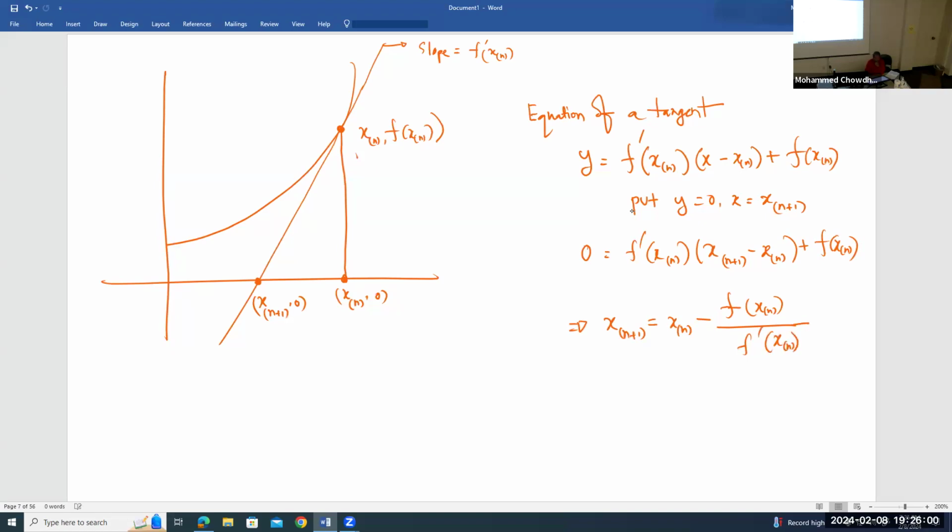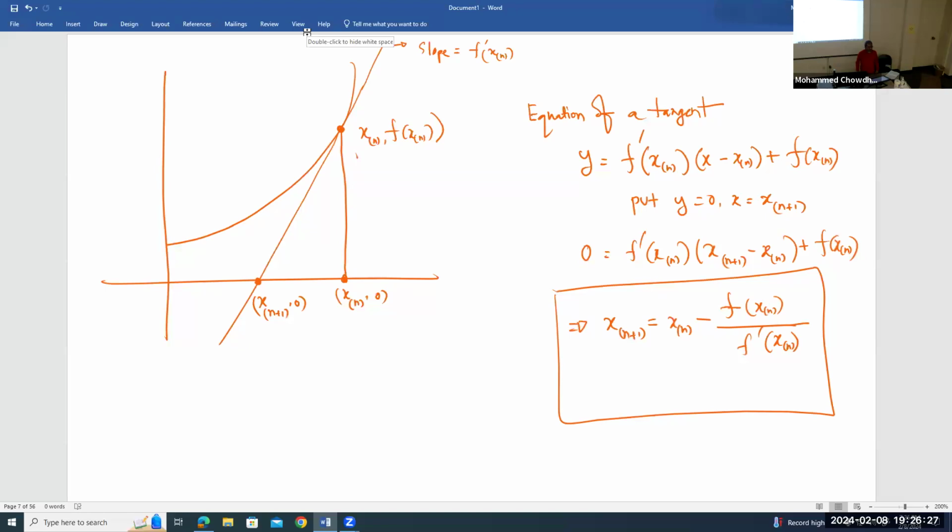This is the derivation of the Newton-Raphson method. Now I am ready to start deriving the Poisson regression model. Very simple, right?